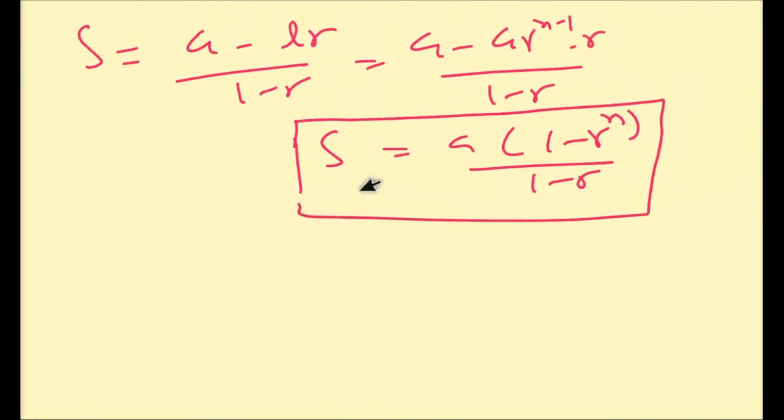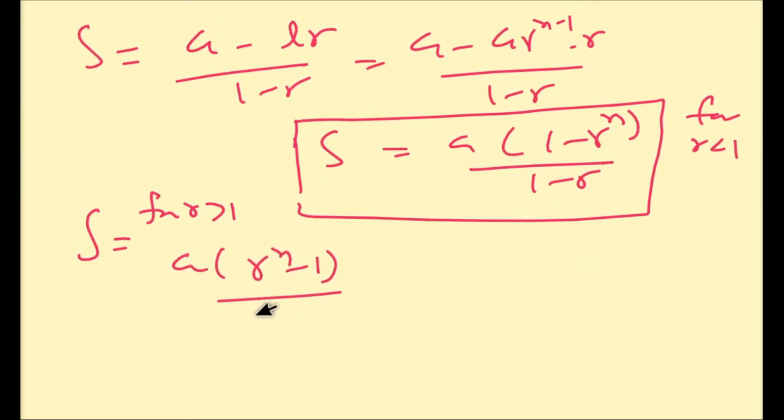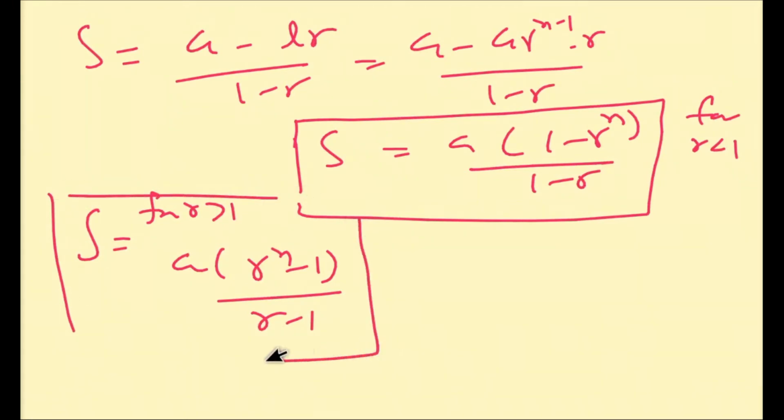This formula is for r less than 1. For r greater than 1, what we find is a(r^n minus 1) upon (r minus 1). Okay student, the sum of n terms we can find using this formula.